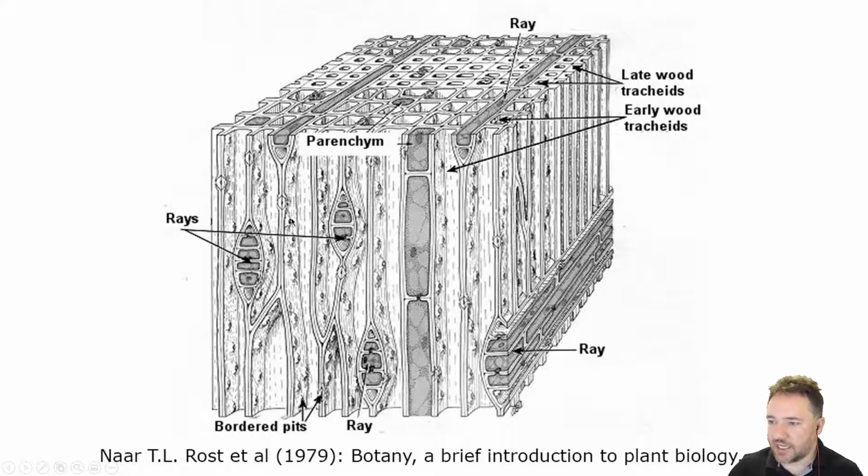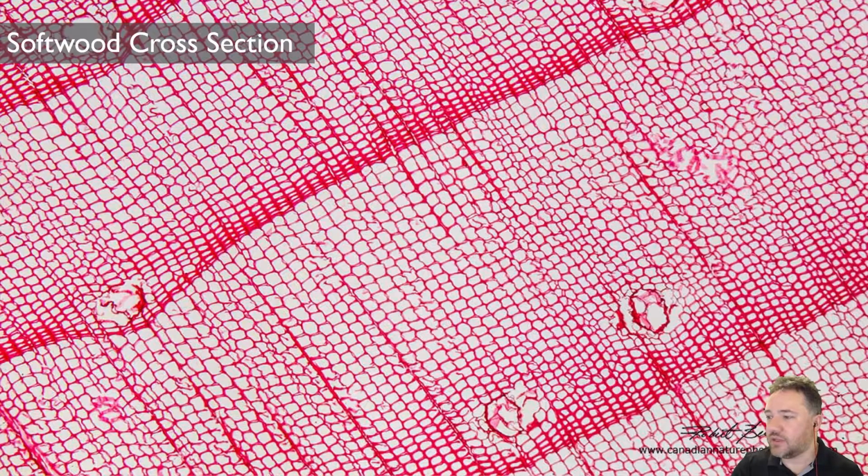We have these rays, which are radial in the tree and transmit nutrients as well, but aren't typically very significant in the structural properties of the tree. If we were to look at an actual micro view of what these tree cells look like, you can see the walls are pretty thin.